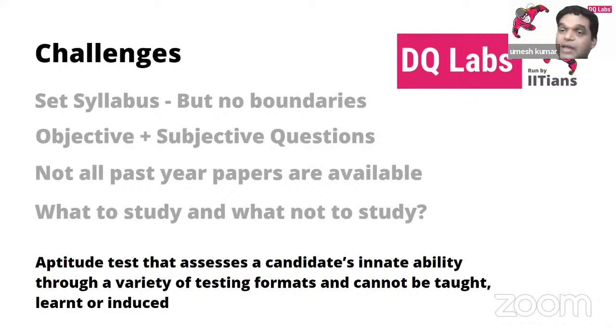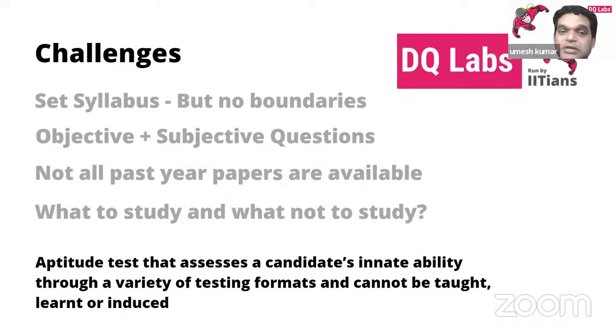NIFT also does not publish the paper. NID used to publish, but now they have stopped. UCEED and SEED are the only two exams where they are consistently publishing the papers, so that you know exactly what kind of questions they ask.